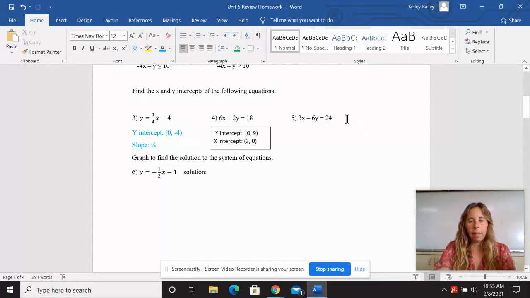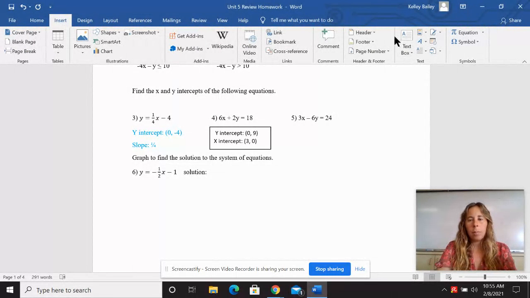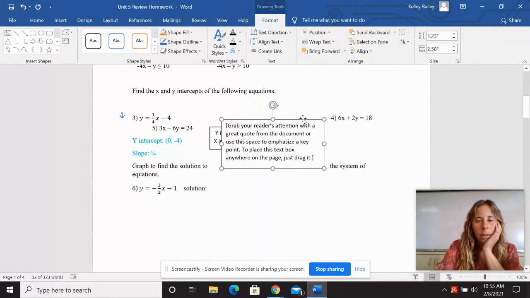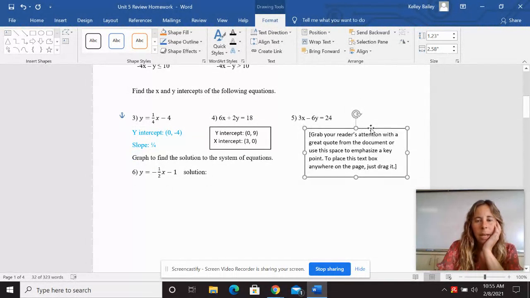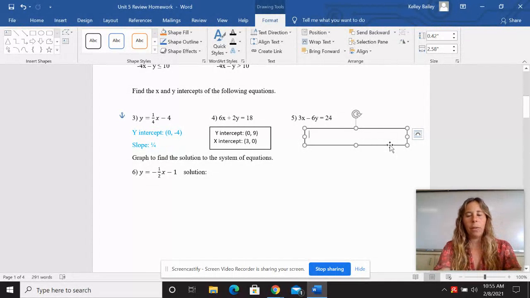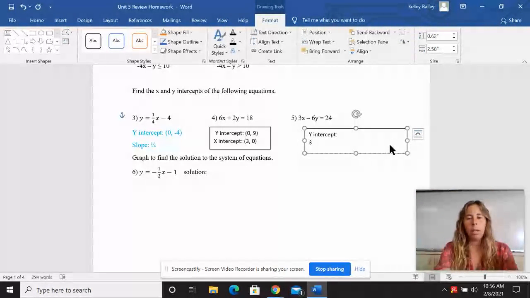For this guy, same thing. So go ahead and pause me and try by yourself. You're going to do the same thing that we did on number 4. So to find your y-intercept, you're going to substitute 0 in for x. So 3 times 0, which is 0.